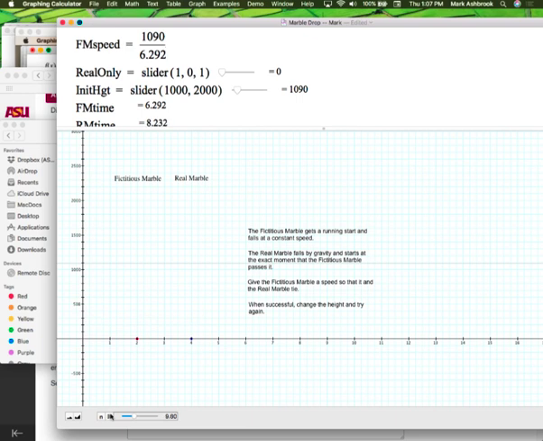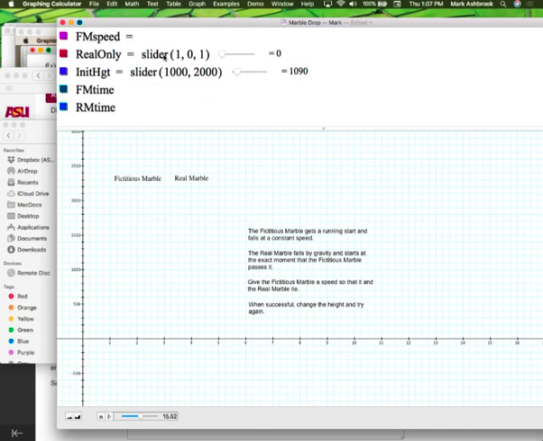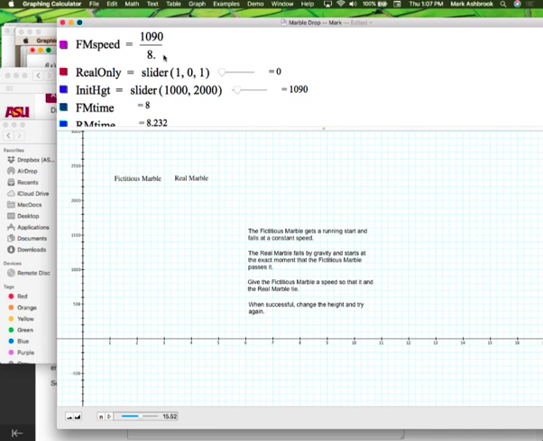Apparently not. 8.232. Two, 3, 2. Here it goes. Go. Right, so the constant speed to go the same distance in the same amount of time.